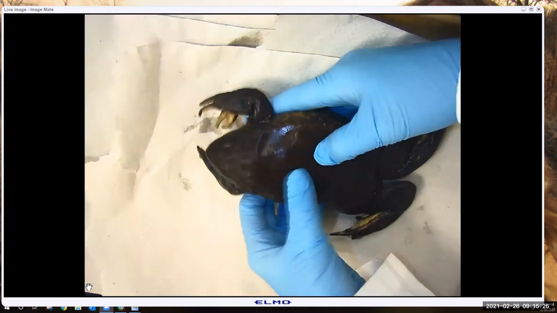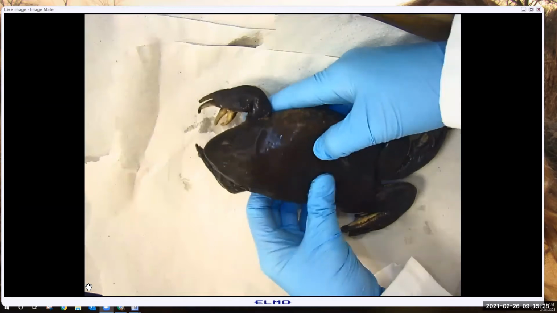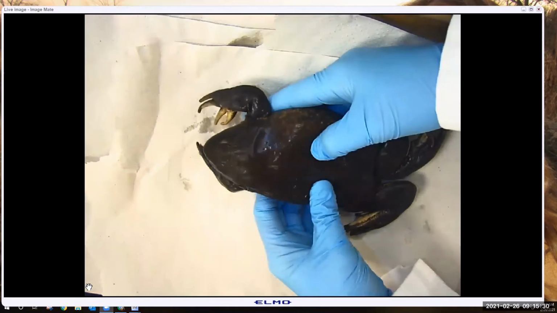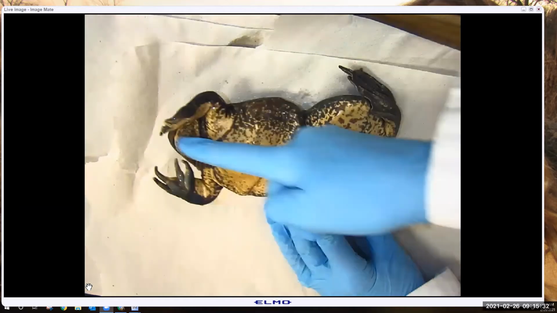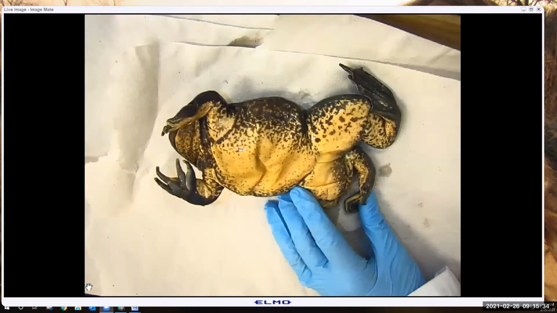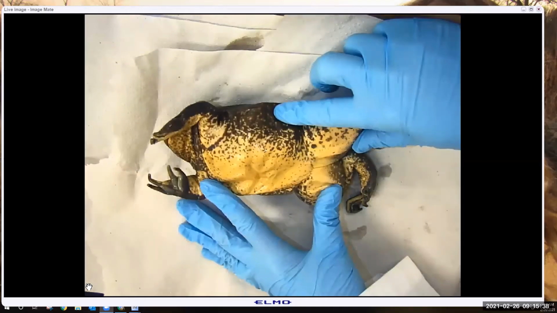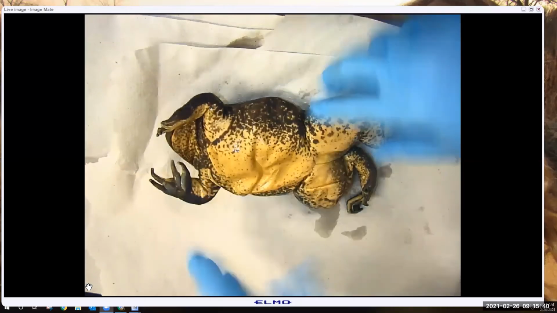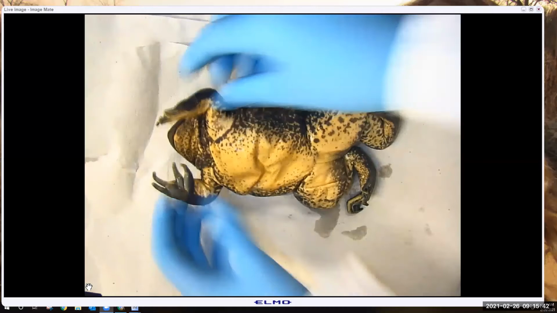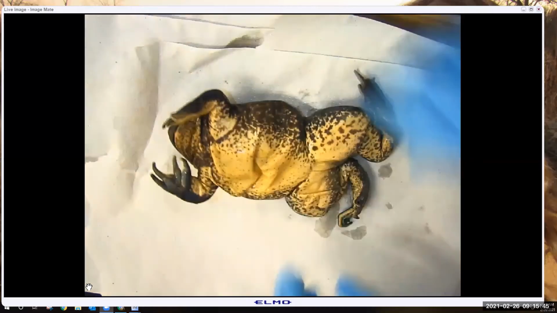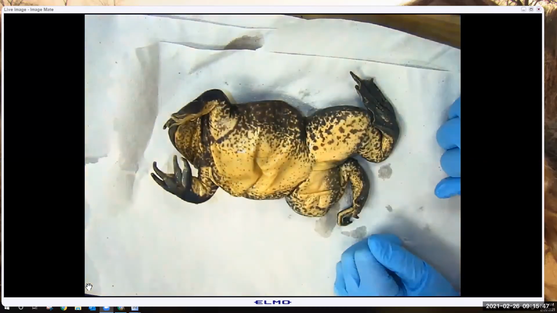So I can feel the vertebrae as well. Bilateral symmetry for sure. Limbs, 1, 2, 3, 4. 4 limbs for our frog.